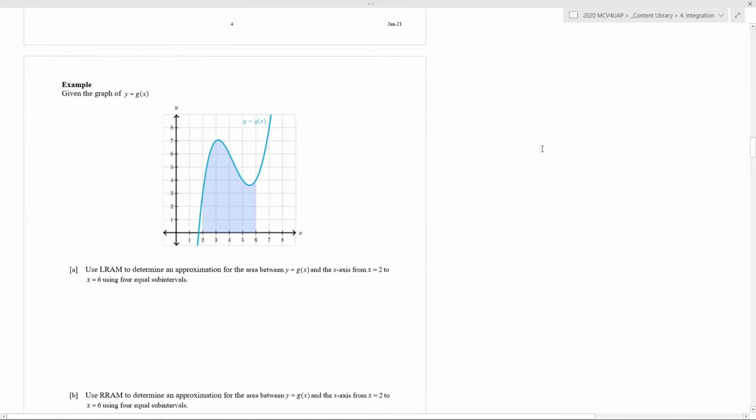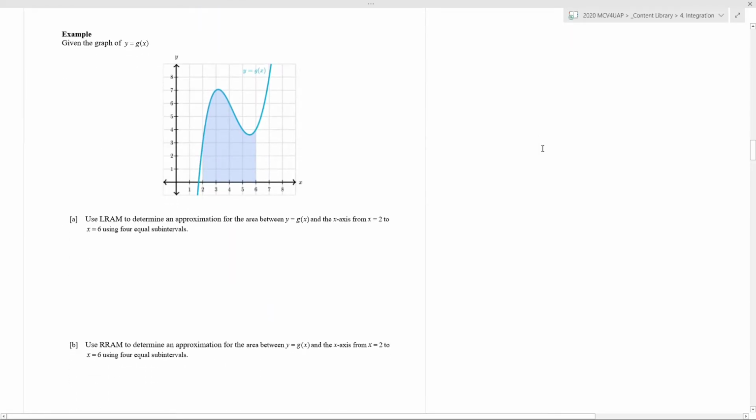So an example. We're given the graph of some function here, and we're being asked, part A, use the left Riemann approximation method, or the left rectangular approximation method, to determine an approximation for the shaded area there from x equals 2 to x equals 6 using 4 equal subintervals.